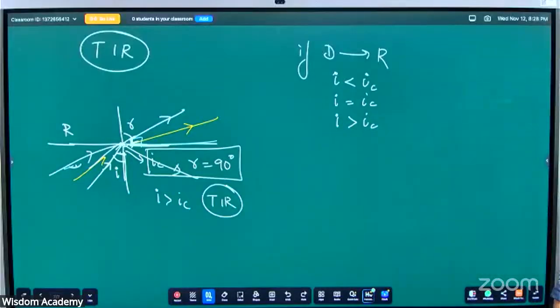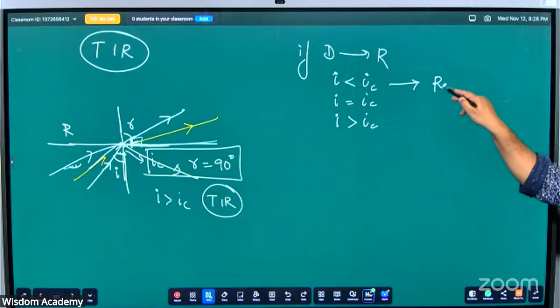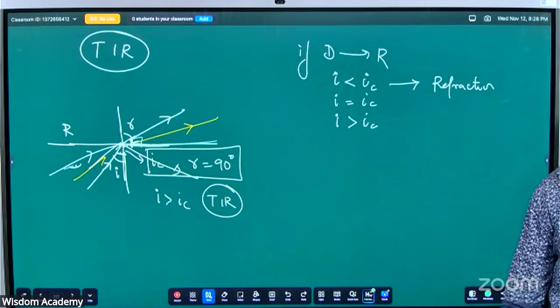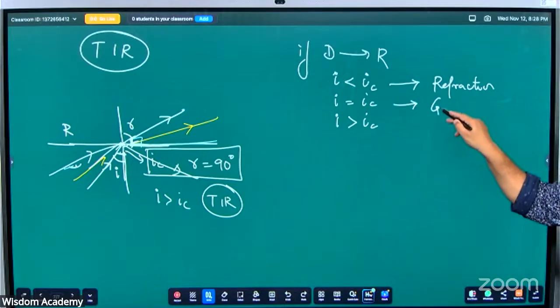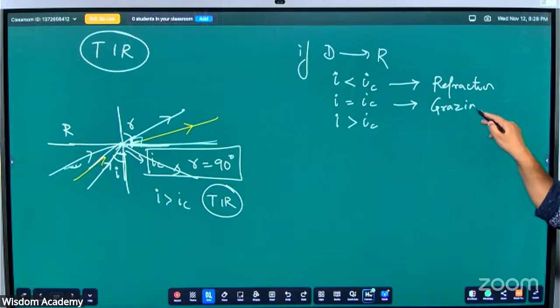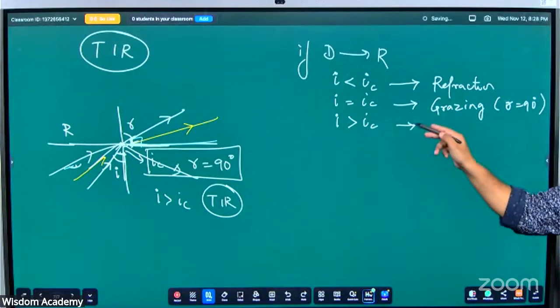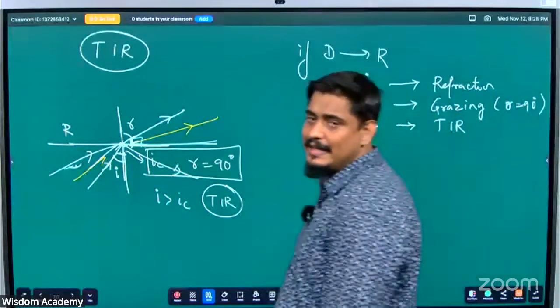If the angle of incidence is less than critical angle, it will undergo normal refraction, that is, light will refract and go ahead, like the first case here. If the angle of incidence is equal to critical angle, we will have grazing. Grazing means the angle of refraction will become 90 degrees. And in the third scenario, angle of incidence more than critical angle, we are going to have total internal reflection.